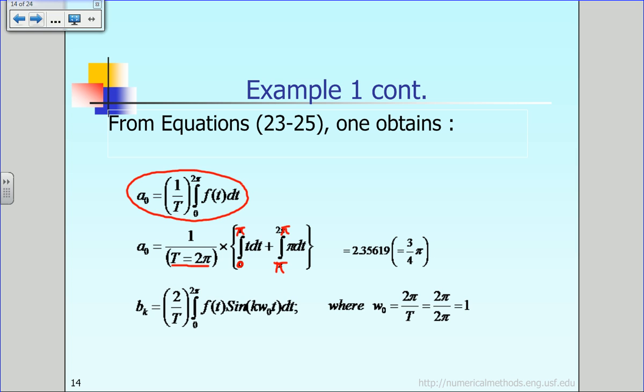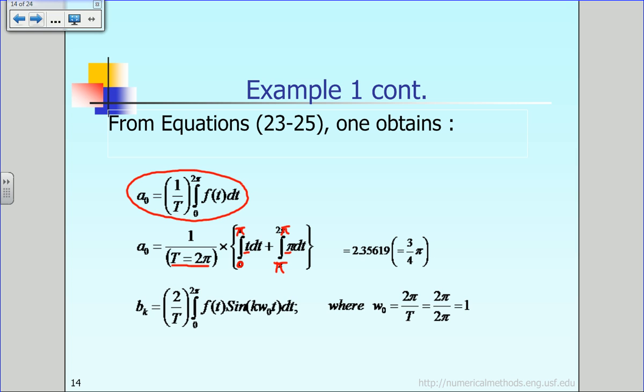Now, for the first integral between 0 and pi, the function is defined as t. And for the second integral between pi and 2 pi, the function is defined as equal to pi. So we can easily integrate these two integrals and evaluate them between the lower and upper limits.